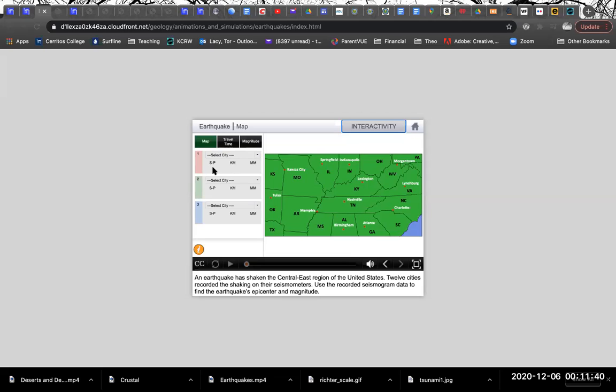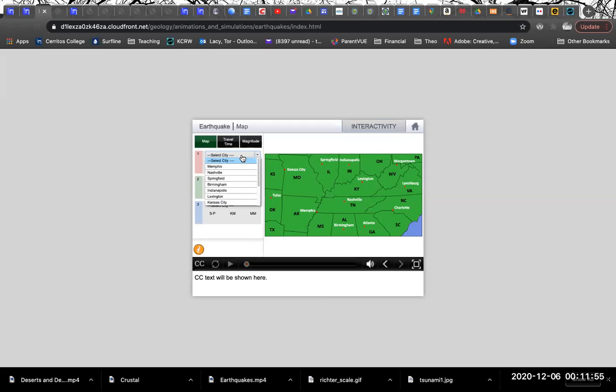So here I'm going to choose 3 cities. So we have triangulation, which is needed to get the precise location of the epicenter. It's good if you choose 3 cities that are going to form a triangle. So I'm going to pick, let's say, Tulsa, which has just been highlighted here.